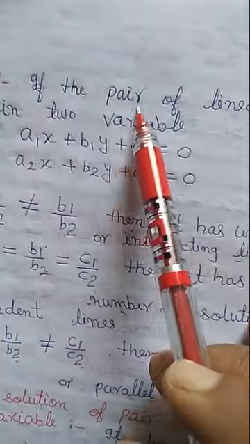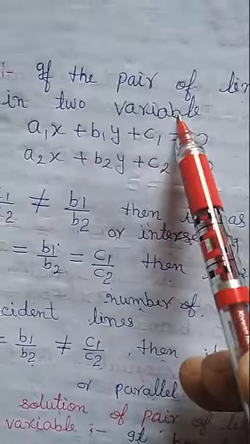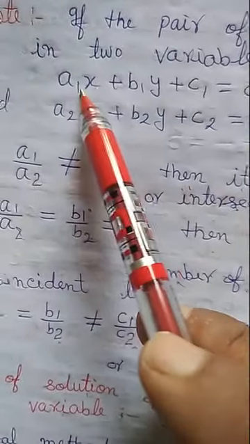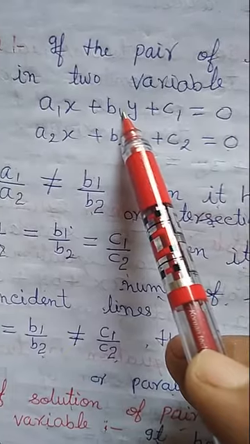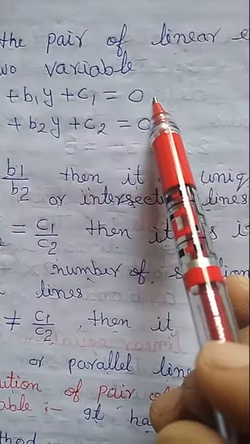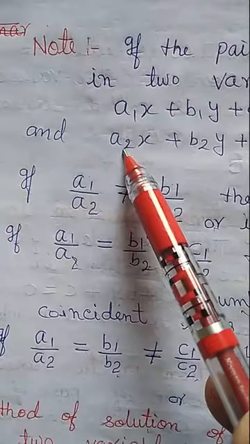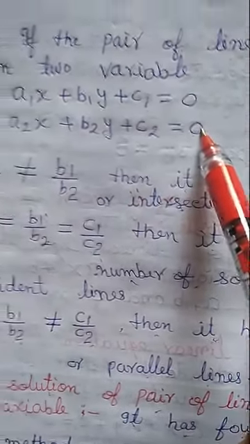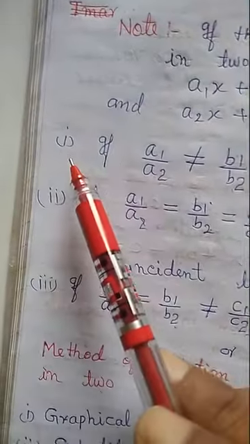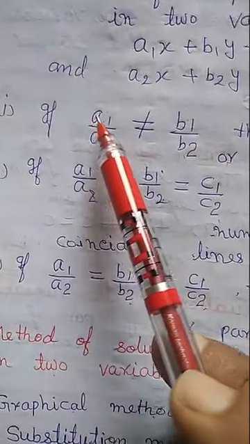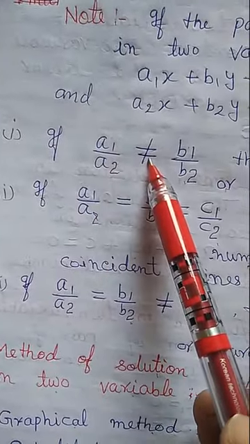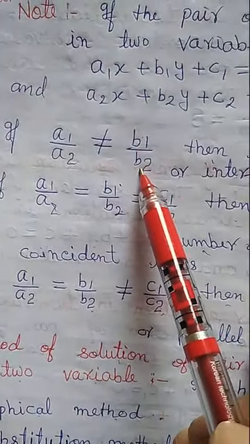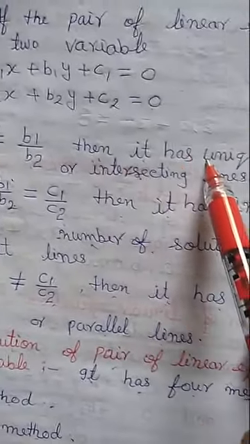If the pair of linear equations in two variables is in the form of a1x plus b1y plus c1 equal to 0 and a2x plus b2y plus c2 equal to 0, first, if a1 by a2 is not equal to b1 by b2, then it has a unique solution.